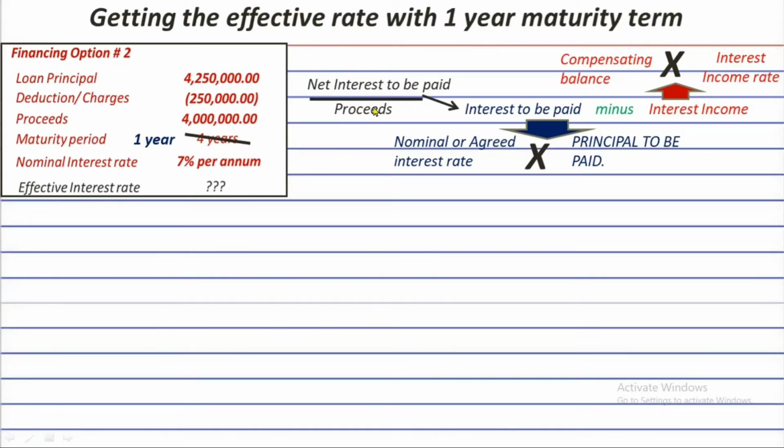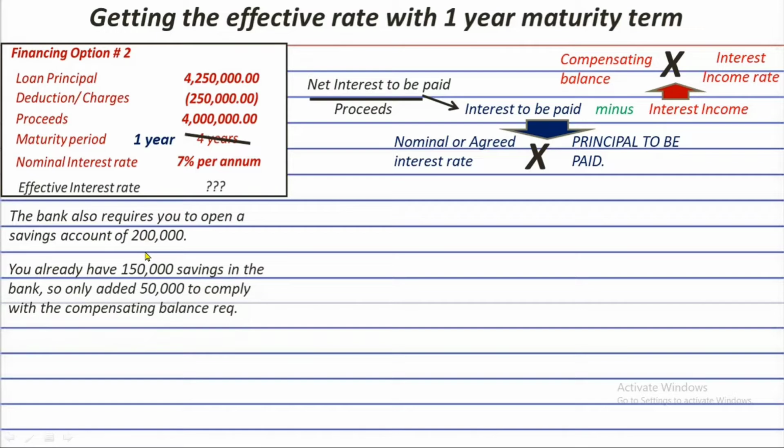So, before we break down the denominator, let's add something to the sample problem to make it more challenging and more complete. Okay? So, aside from these details right here, the bank also required you to open a savings account of 200,000.